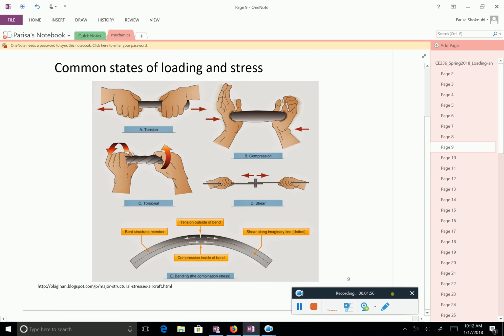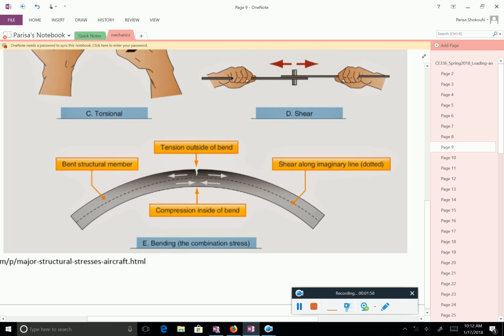And at the end, we talked about bending. So when you bend a piece of anything, may I borrow your notebook? If you bend any kind of plate, for example here, a steel plate, then in this configuration you have tension on the top and compression at the bottom. This would be the opposite if I do this.